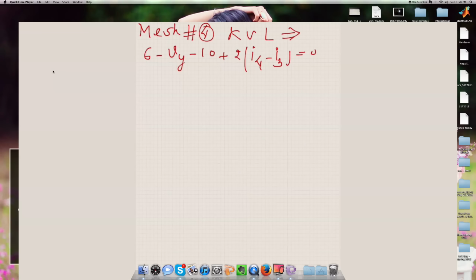We again need to remember V sub y is simply minus I4. So this is telling us 6 minus times minus plus I4. It's time to expand the parenthesis. So plus 2I4 minus 2I3 equals 0.